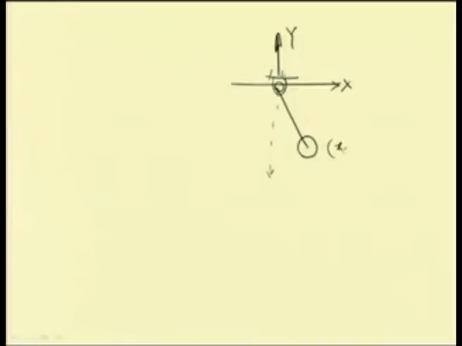Here you require two physical parameters, x and y, to represent the motion of this bob. But x and y are related by a constraint equation. If this position is 0, 0, they are related by x squared plus y squared equal to L squared, if the length is L. So, this is the constraint equation.